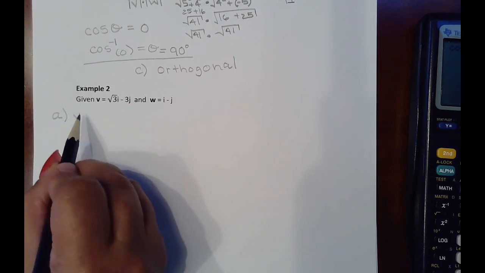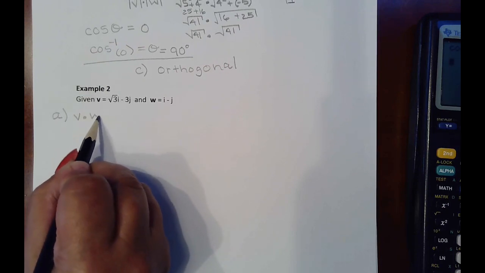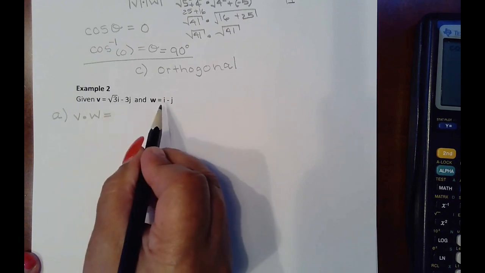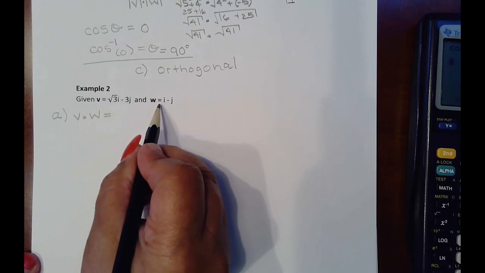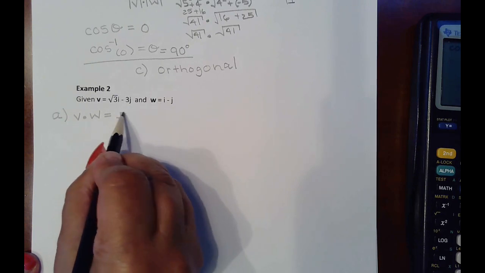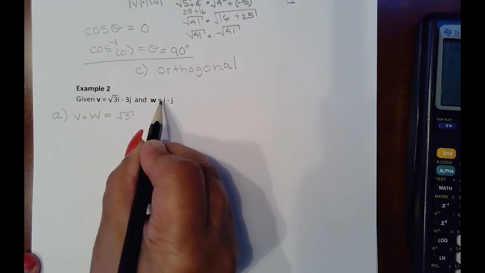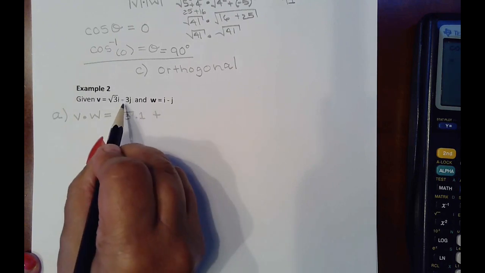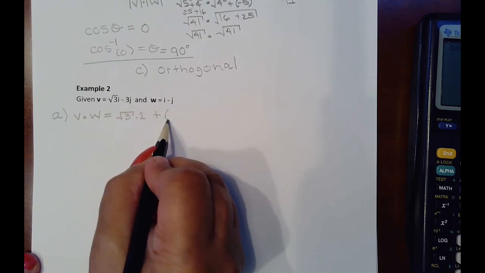Okay, so dot product. We're going to do V times W, and that just means front component times front component. Those components, A and B, are the coefficients, so it's square root of 3 times 1 plus back component times back component.